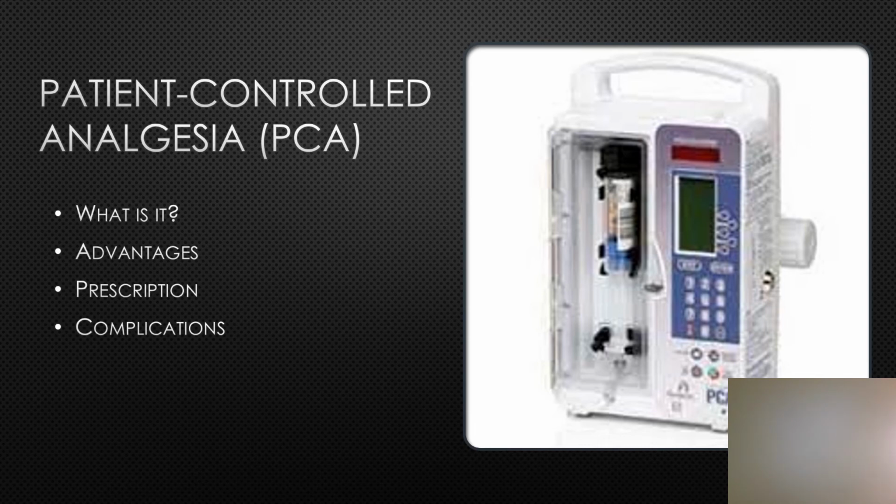Now, there's some clients that can receive this PCA analgesia, but they do require additional monitoring because there's an increased potential for oversedation. These clients have a history of sleeping disorders, respiratory or cardiac disease, kidney or liver failure.